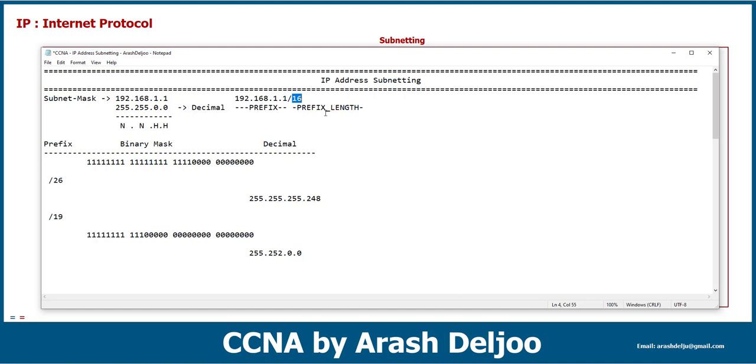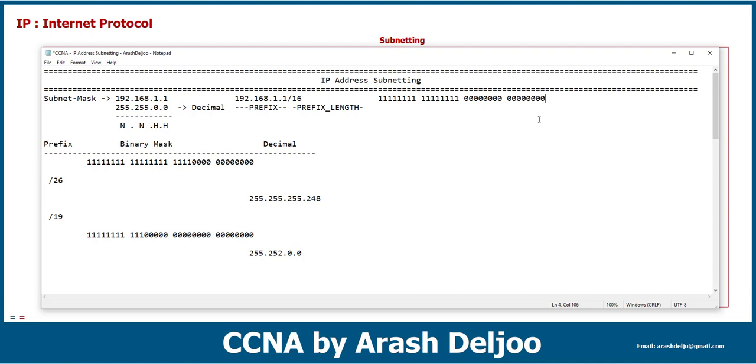Or maybe in some cases you experience the binary version. You know that the binary version is the base of the subnet mask, but in most cases we are using decimal. For example, for this subnet mask, the binary presentation is 8 ones, again 8 ones, and finally we have a total of 16 ones, then 8 zeros, and after that 8 zeros.